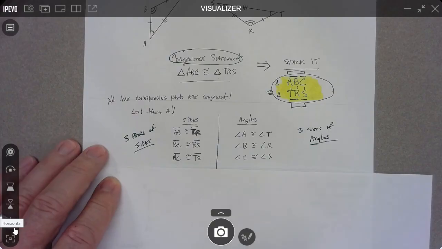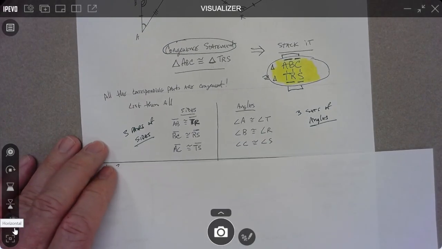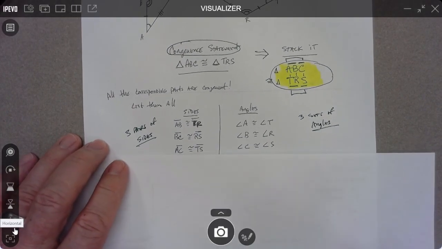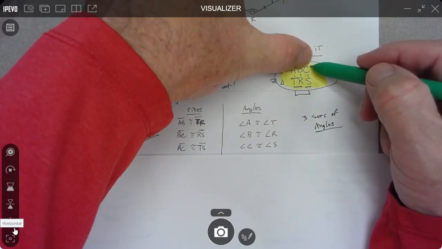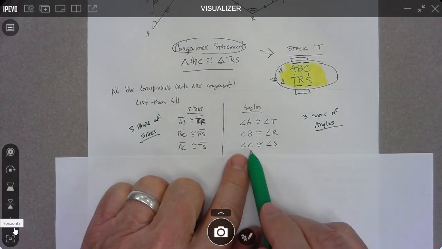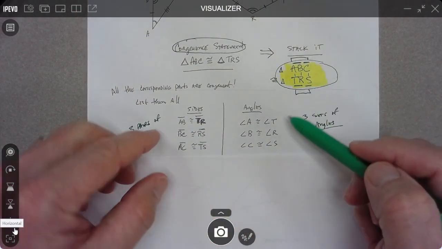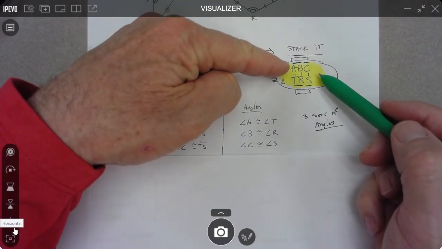Right, and so I've listed them all here. All the information is given, and we just got through saying that if C has to be congruent to S, and if you look down here, it's marked C and S. So all this information is given in the stack.